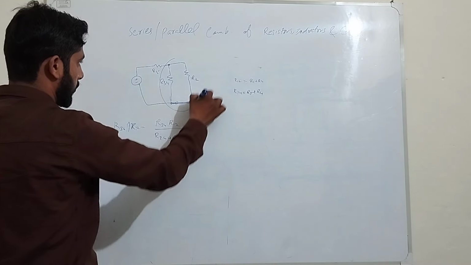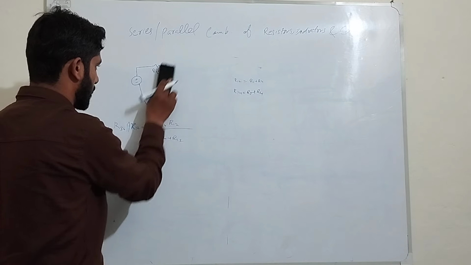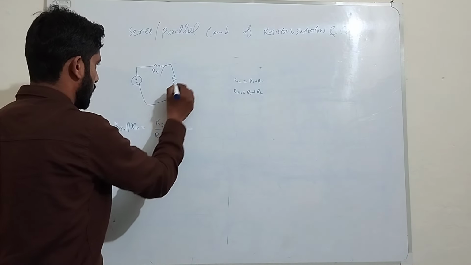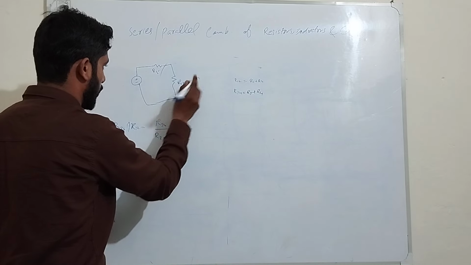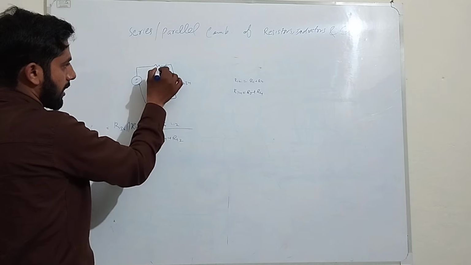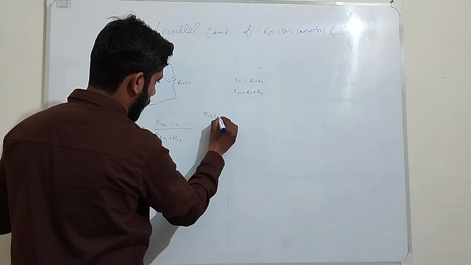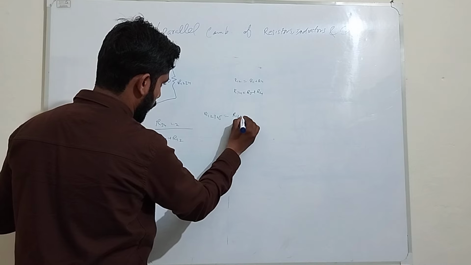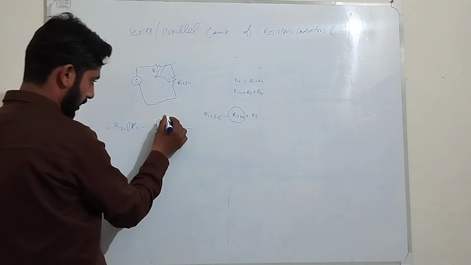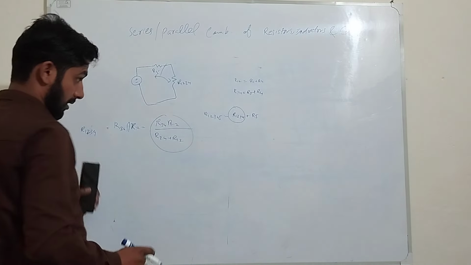Their parallel combination will make another resistor. Just connect a single resistor here, R1234. R1234 will be in series with that circuit. So add both the resistors, you will get R12345 equal to R1234 plus R5. Just put the value of R1234 here and you will get the result here.